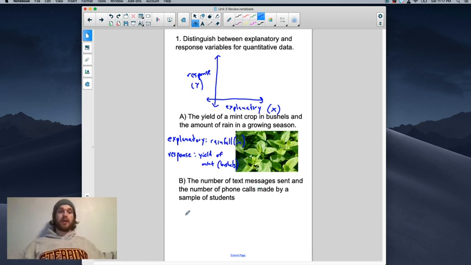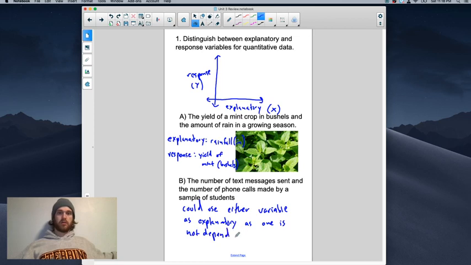And the answer is really no. So for this one, in this case, you could use either variable as explanatory, as one is not dependent on the other, or vice versa.